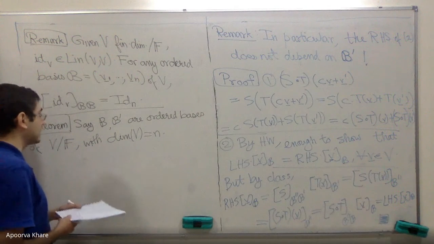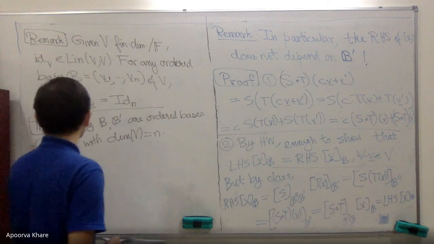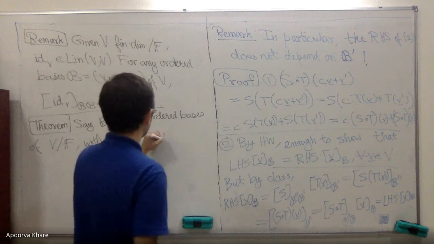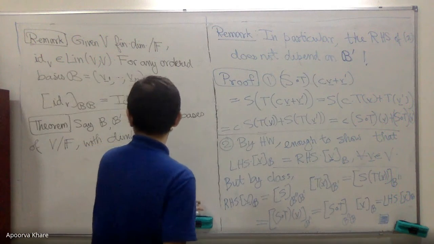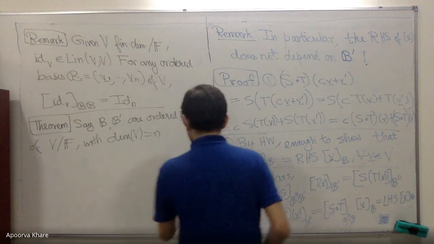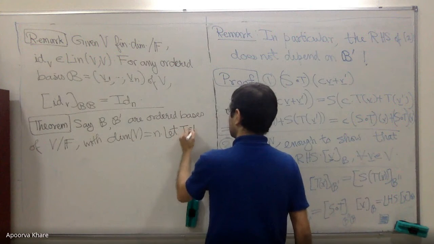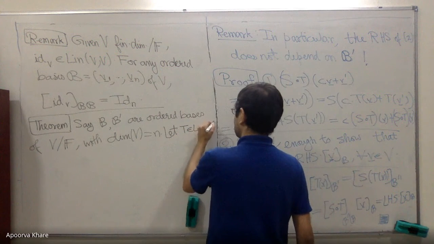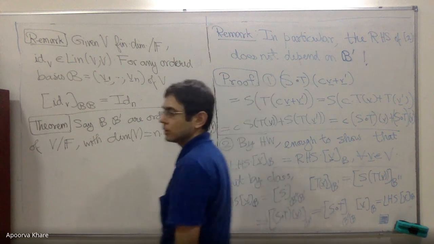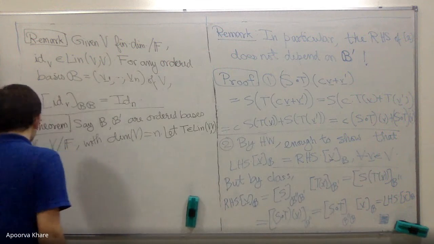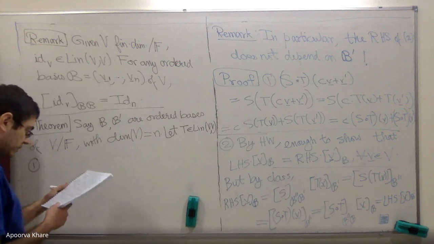And let's say T is a linear map from V to V. So I think there are three statements.